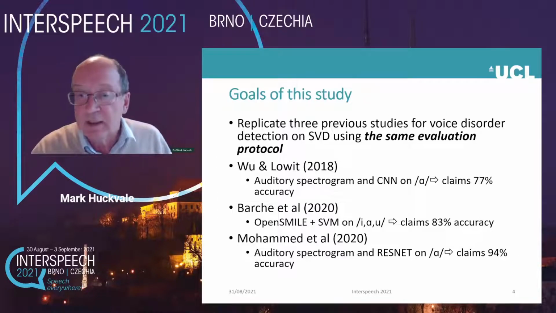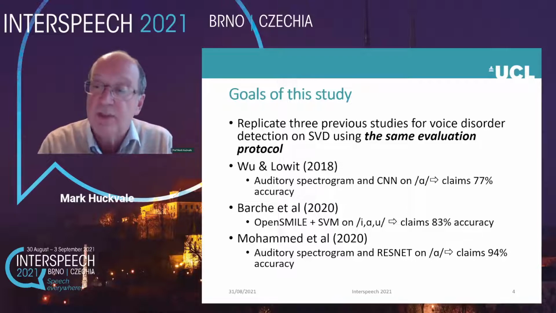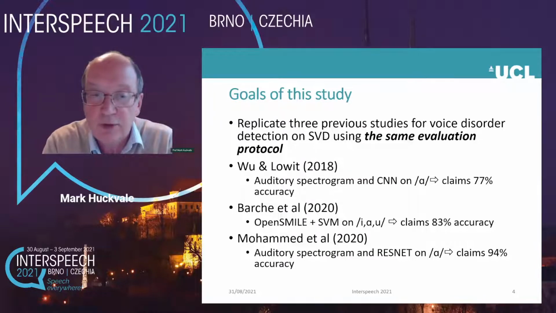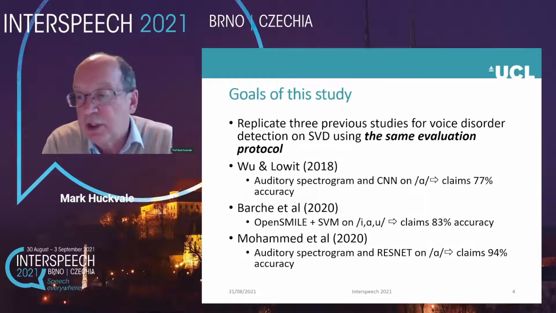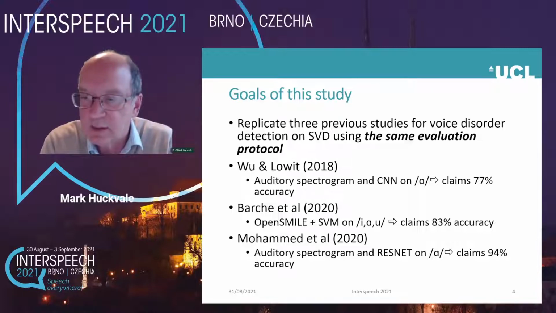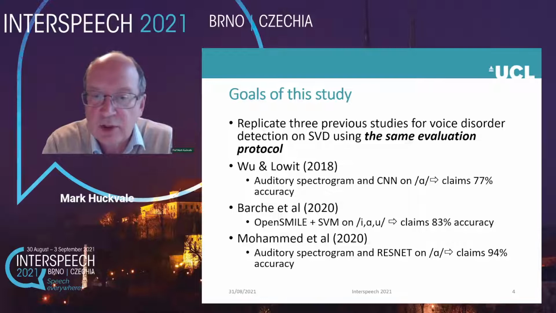So in this particular study, we wanted to replicate some previous studies on using the Saarbrücken database for automatic detection of voice disorder from speech recordings, but we wanted to do it using the same evaluation protocol. And these are the three studies that we're going to replicate: a study which used the vowel R and a convolutional neural network based on an auditory spectrogram, which is claiming 77% accuracy.